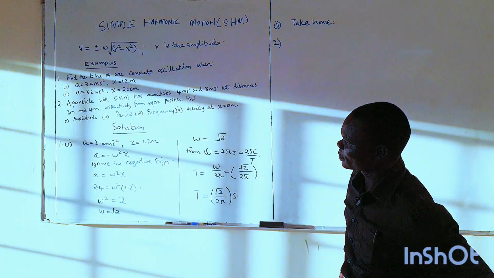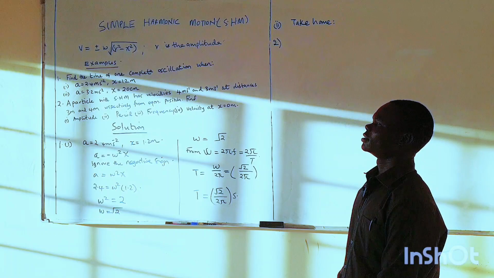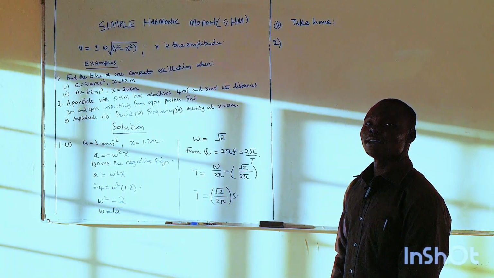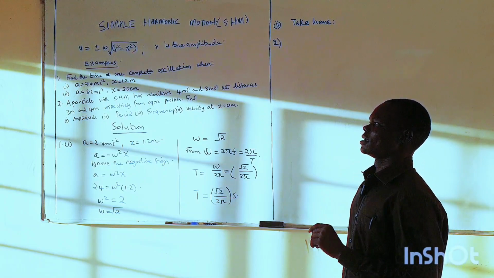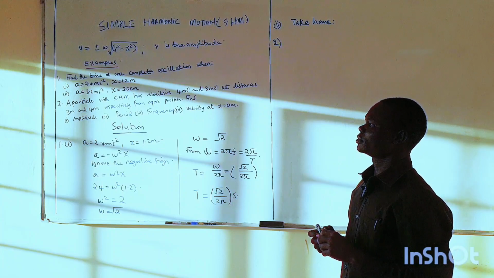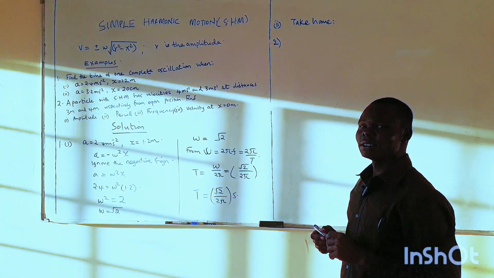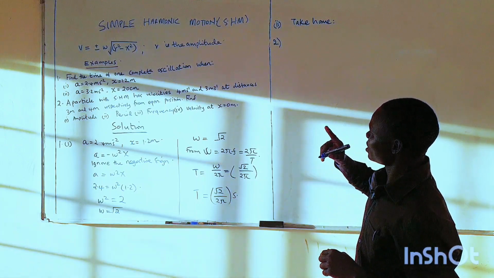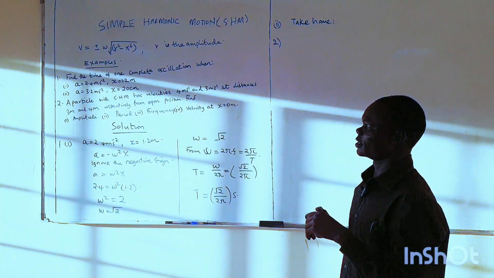Question 2 is saying, a particle with a simple harmonic motion has velocities 4 meters per second and 3 meters per second at the distances 3 meters and 4 meters respectively from the equilibrium position. So that we should find amplitude, period, frequency, and velocity at x is equal to 0. What we shall do here, we go back to our equation for velocity that we have derived.